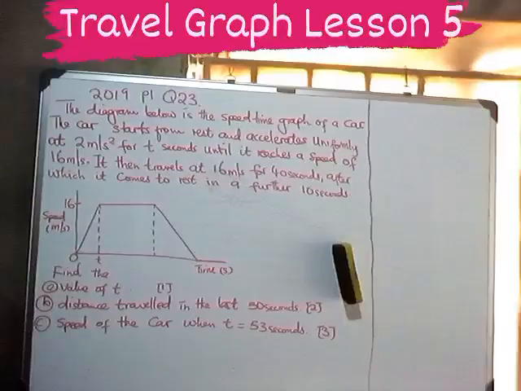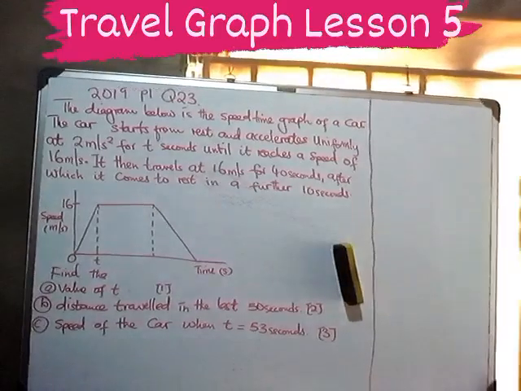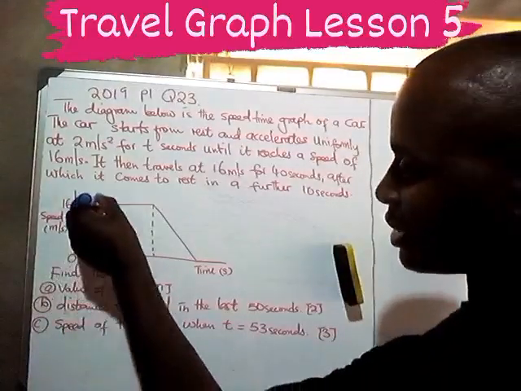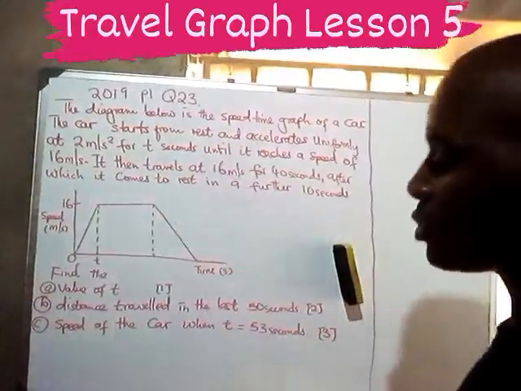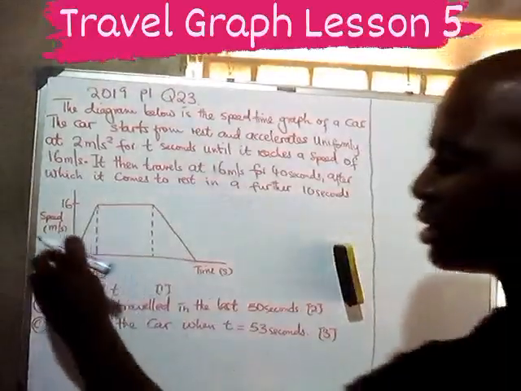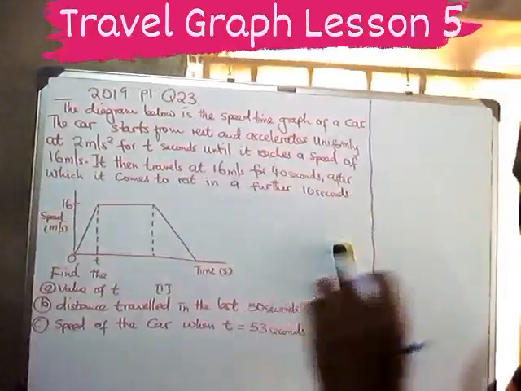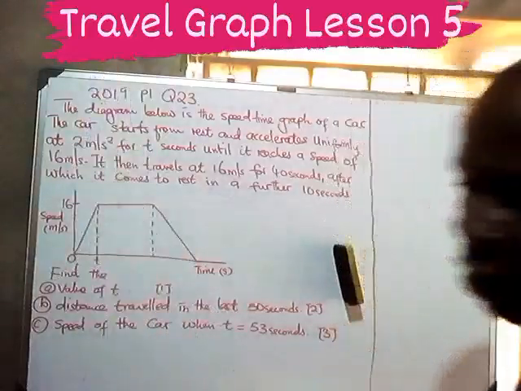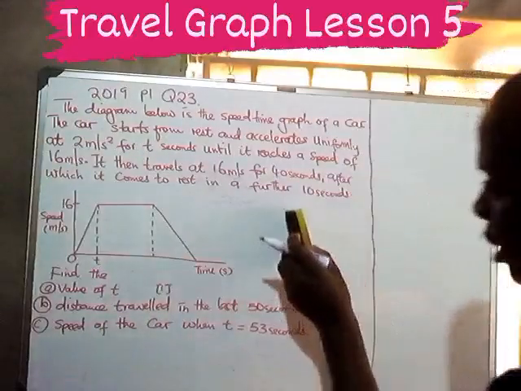So now the question is saying, find the value of t. To find the value of t, we are going to use the method for acceleration. Remember, the x-axis is always for time, and the y-axis is always for speed or velocity.